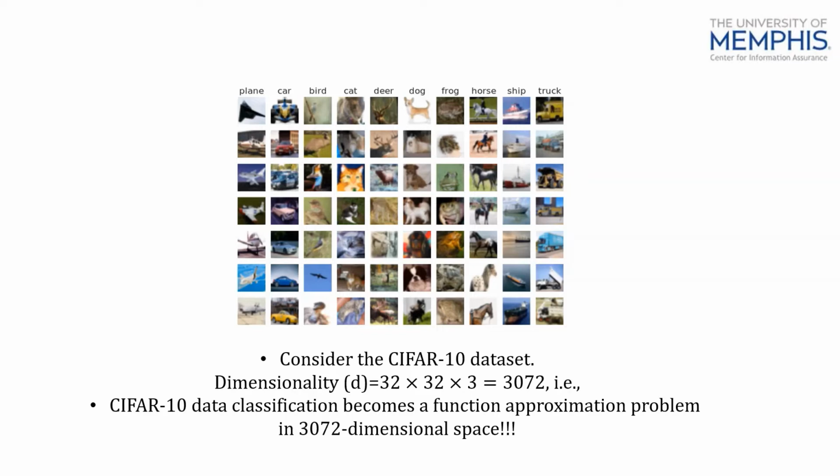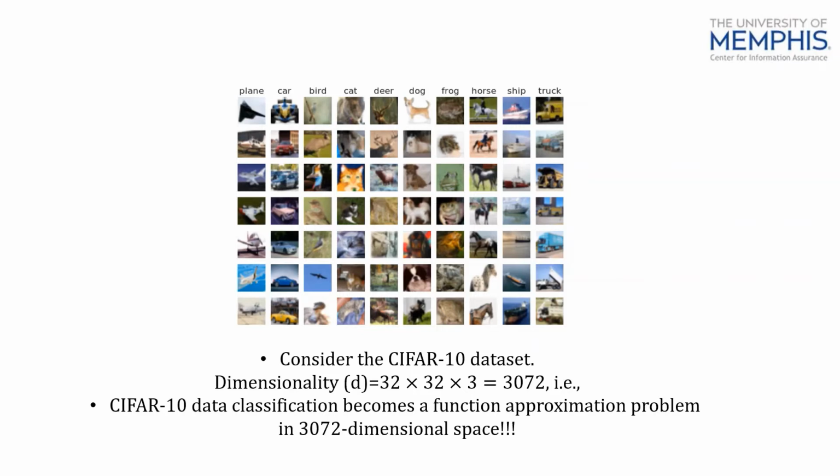Here the image size is 32 cross 32 with 3 channels, which gives rise to the dimension of 32 cross 32 cross 3, that is overall 3072, which is very huge. The interesting part here is that to classify this data, it becomes a function approximation problem in a 3072 dimensional space.